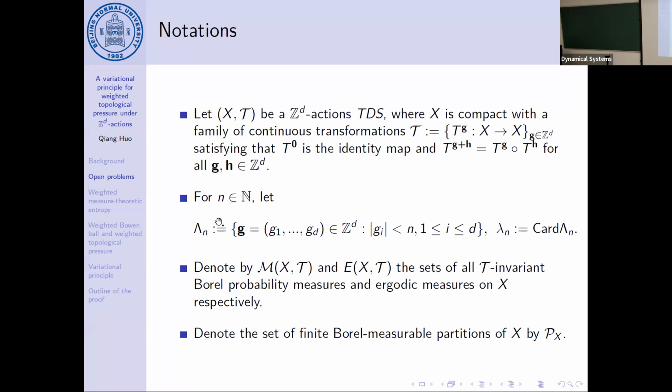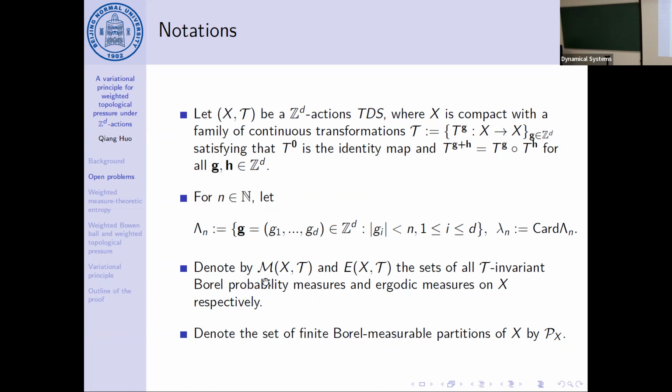For a natural number n, let Λ_n be a subset of Z^d such that each coordinate of the vector is upper bounded by n, and let λ_n be the cardinality of this set.